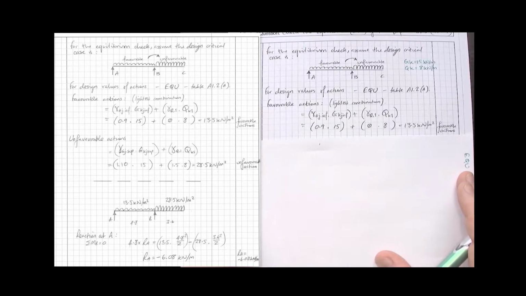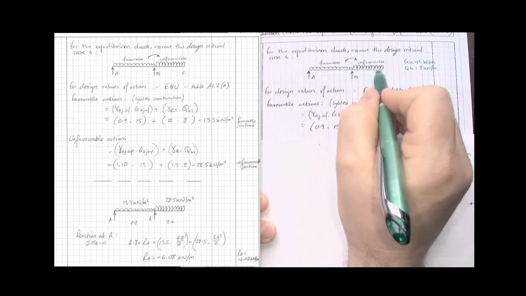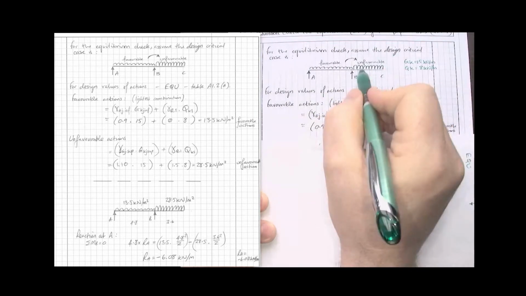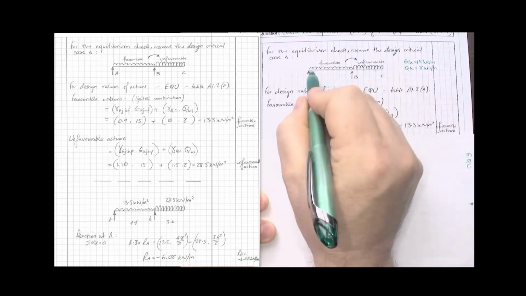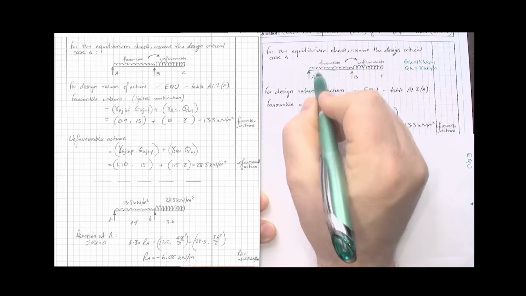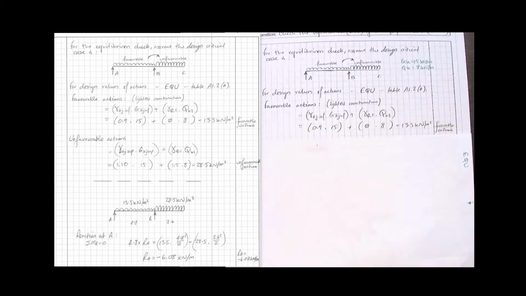If we were to look at it from the point of view of a favourable action, this is looking at the lightest combination. We'd be looking at our 15 kilonewtons per meter GK, and our imposed load, and our permanent load on here. But for a favourable action, you won't be considering your QK value.